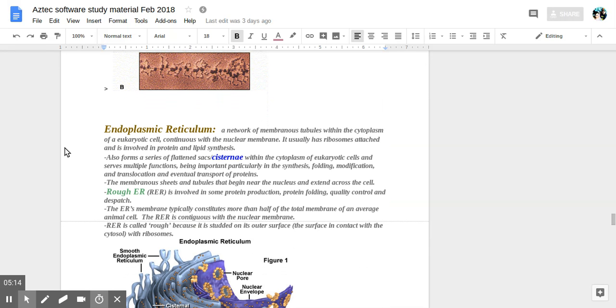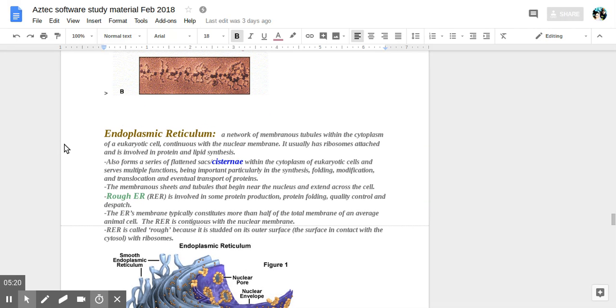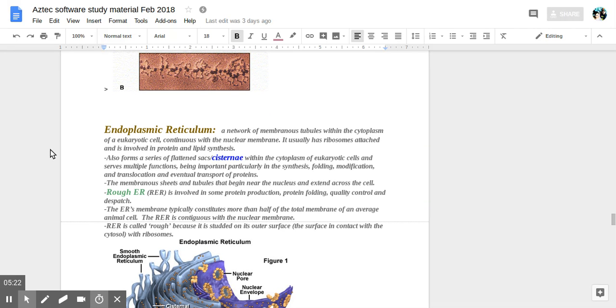The next organelle in the cell is on the exterior of the nucleus. It's a network of membranous tubules within the cytoplasm of eukaryotic cells that is continuous with the nuclear membrane, called the endoplasmic reticulum.